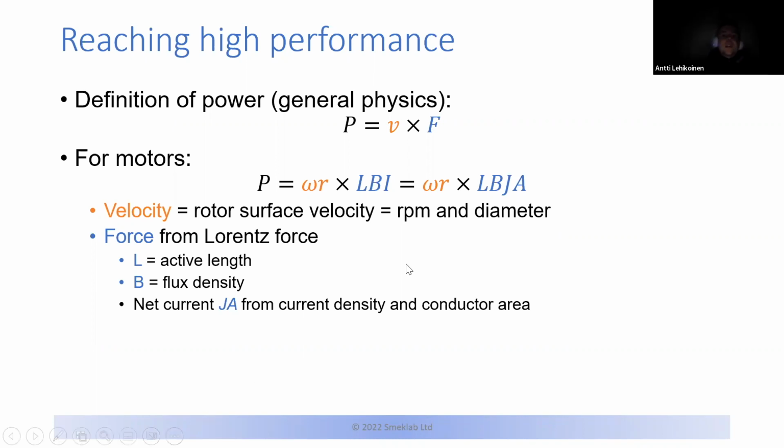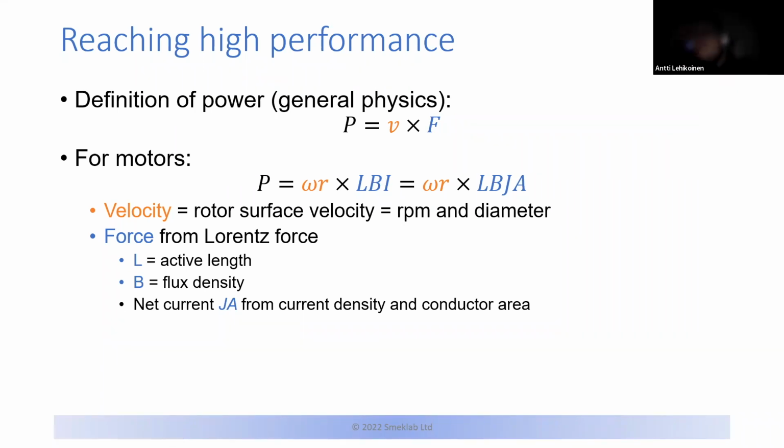So you have the magnetic flux density. And then finally, you have the current.